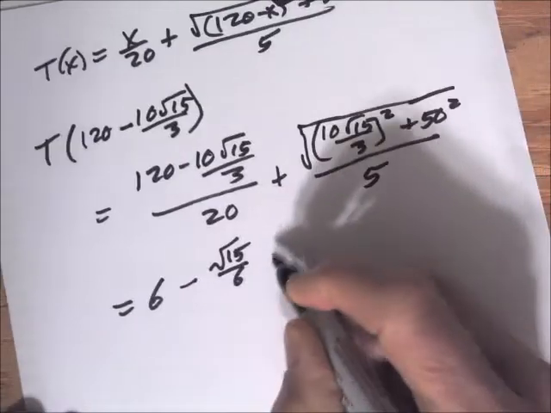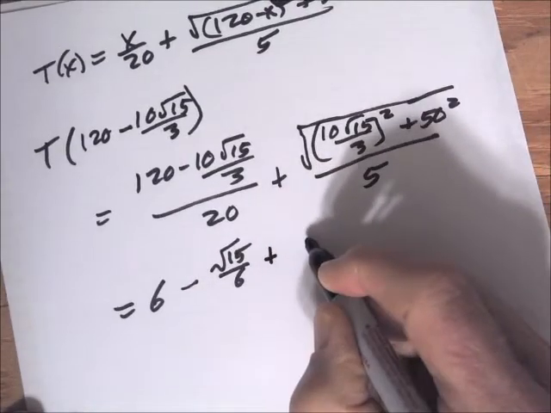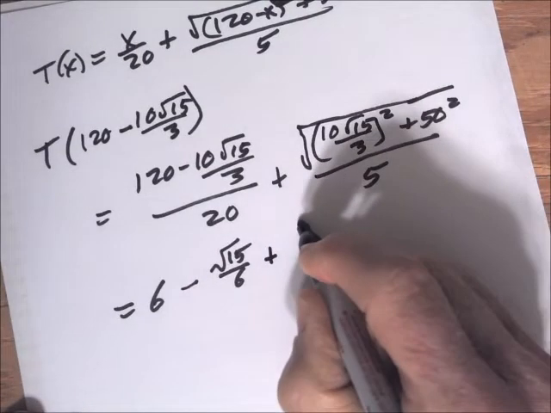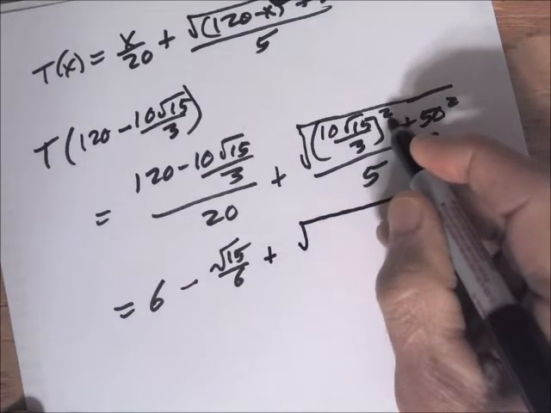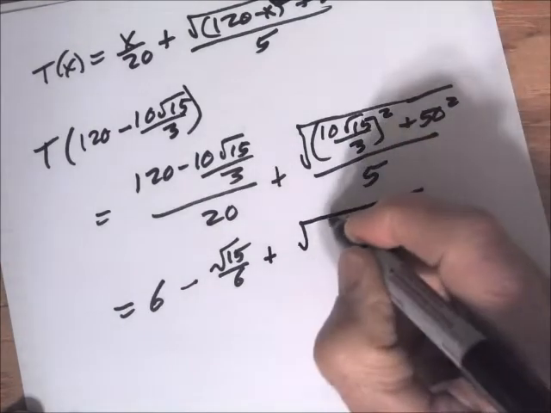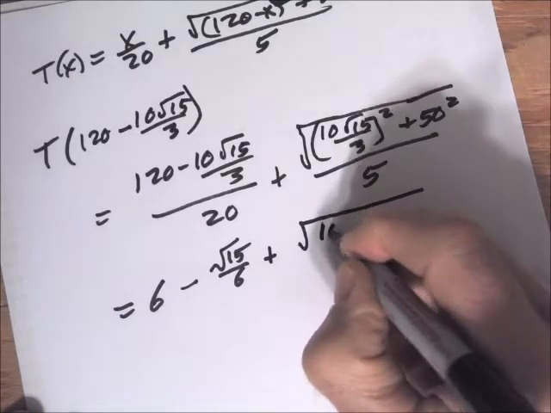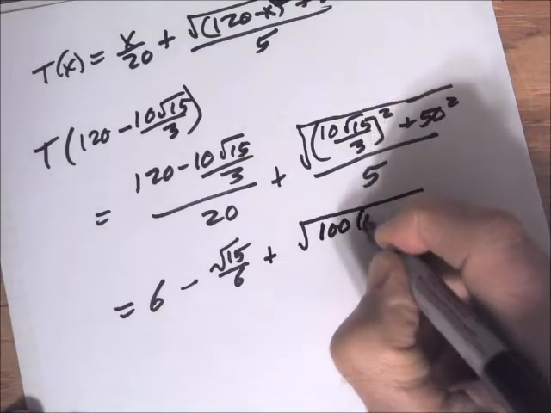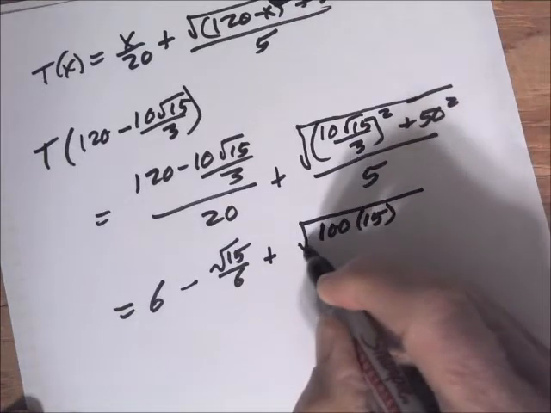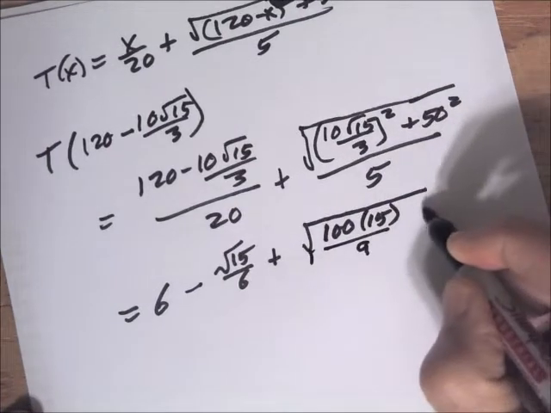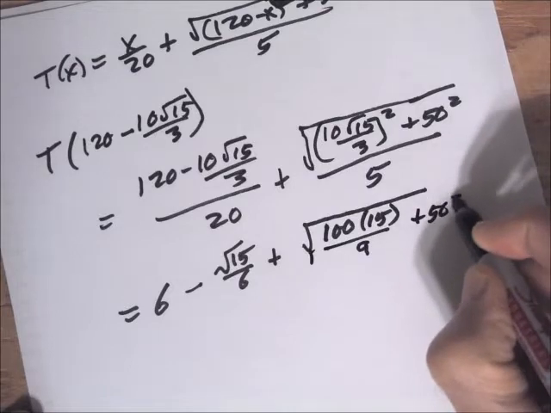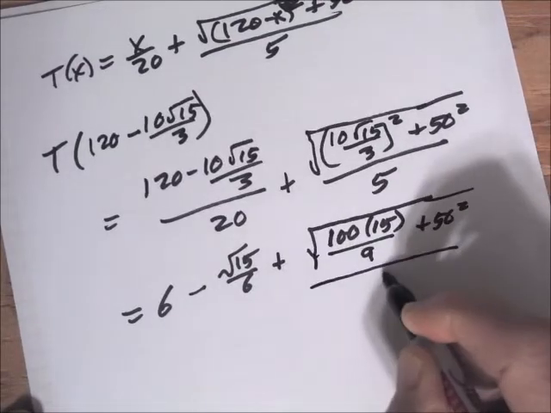And this part here, I have square root, root 15 squared is 15, so we'll have 10 squared is 100 times 15 over 9, 3 squared is 9, plus 50 squared over 5.